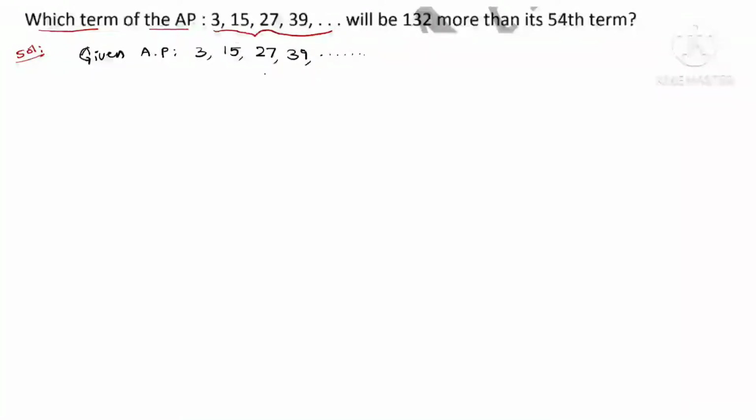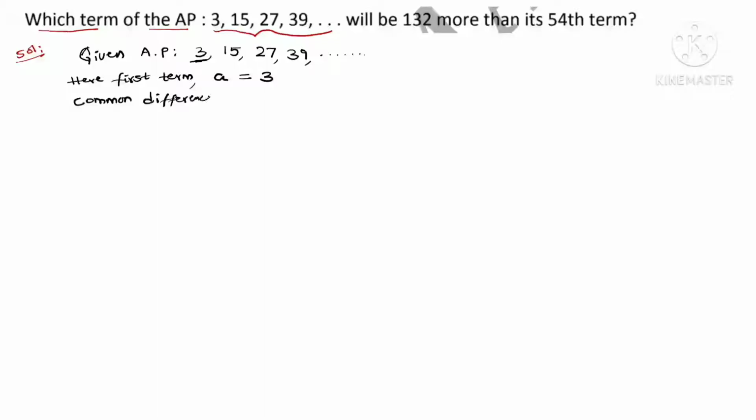After writing the arithmetic progression, our next work is to write the first term. Here the first term is represented by the letter A. So the first number is nothing but the first term, that is 3. Next, we need to find the common difference.